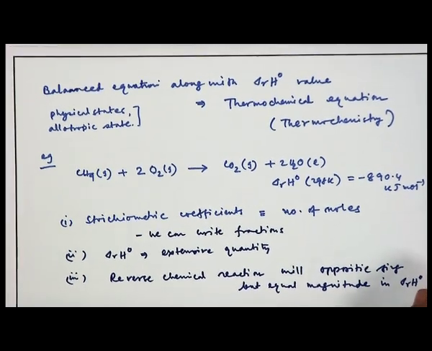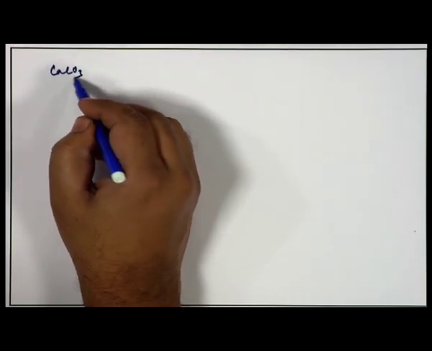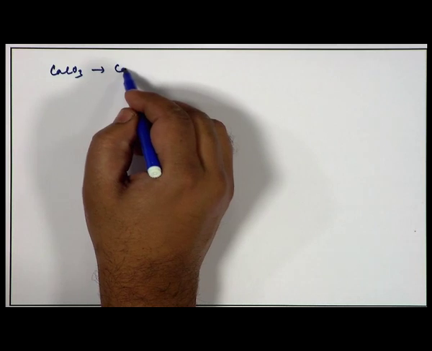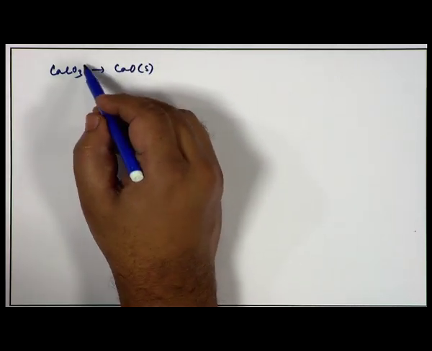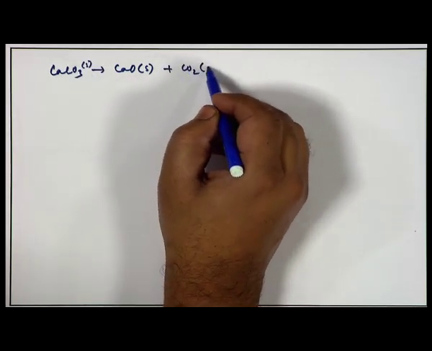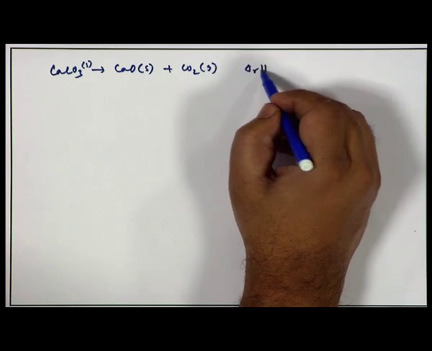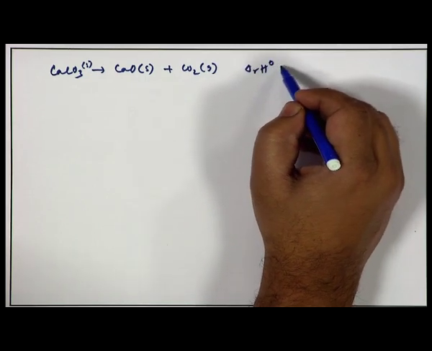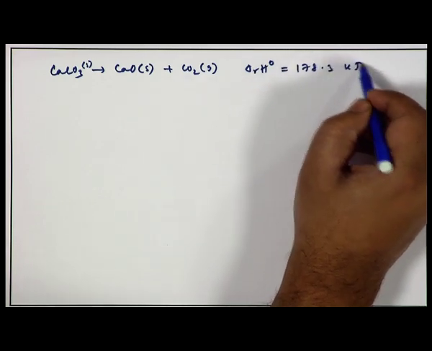If we want to elaborate with an example, we know the decomposition of calcium carbonate solid to calcium oxide solid plus CO2 gas. Now, delta HR or heat of reaction for this is 178.3 kilojoule per mole.